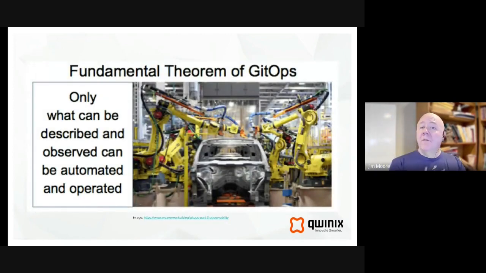So with all of that, if you have something in your system that is not automatable for whatever reason, or observable, then you can't automate it, or even properly operate it. So you want to make sure that everything inside your system matches that.